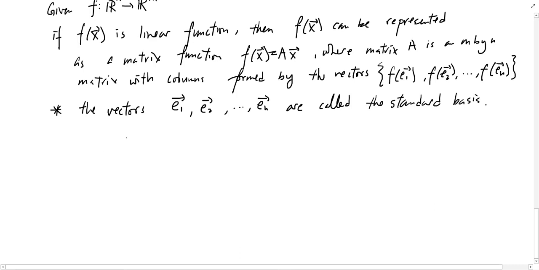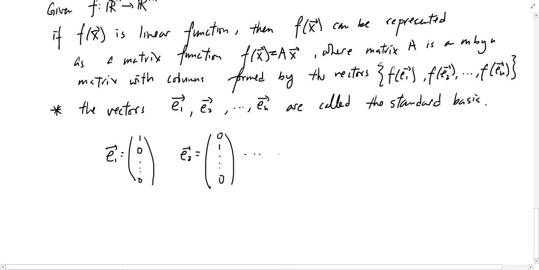So what are the standard bases? These vectors take on a very specific shape. Vector e1 will be a vector that has a 1 at the first spot, which is identified by the subscript 1, and then 0 everywhere else. Vector e2 would have a 1 at the second spot, and then 0 everywhere else.